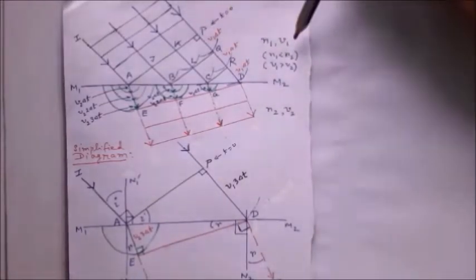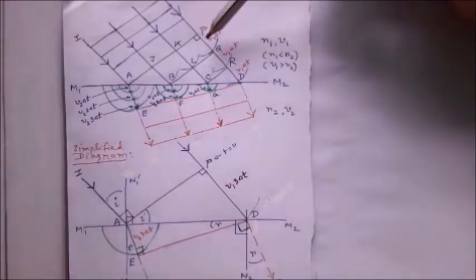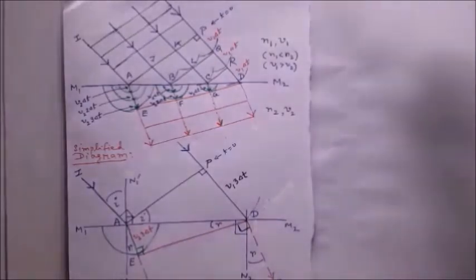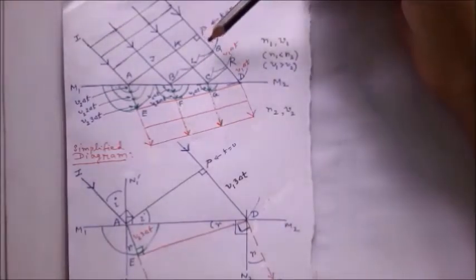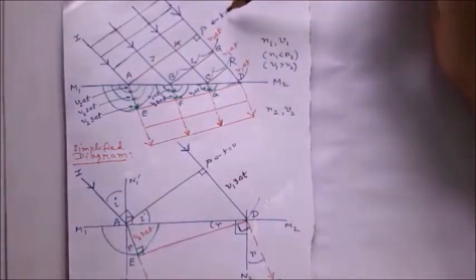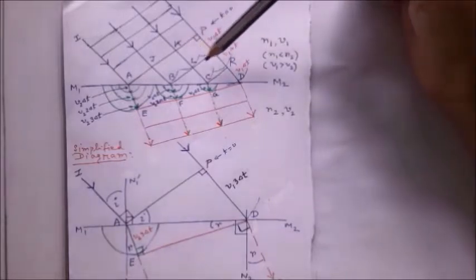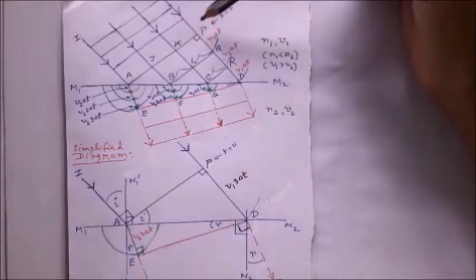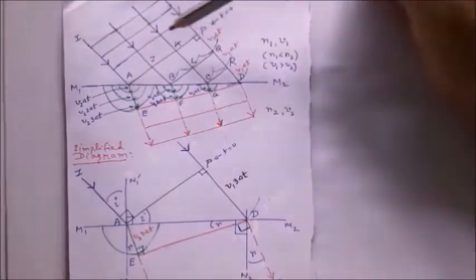Wave moves with speed v1 in this medium, and therefore in time delta t it will move a distance of v1 delta t. Now, according to Huygens principle, if we know the position of the wavefront at t equal to 0, we can construct the position at any future time by drawing spheres which represent secondary wavelets. So let us first try to understand the diagram.